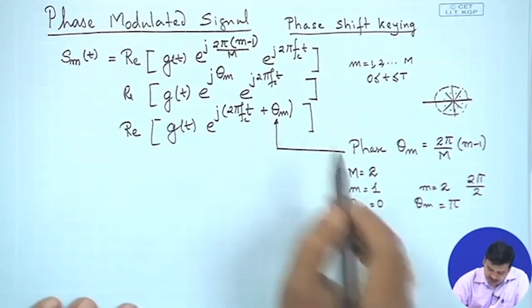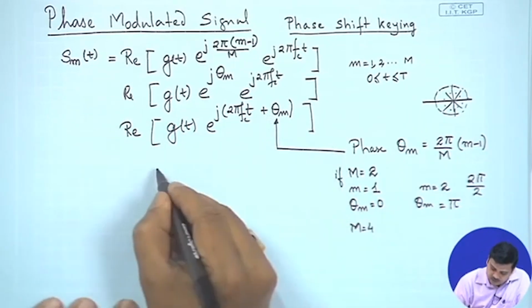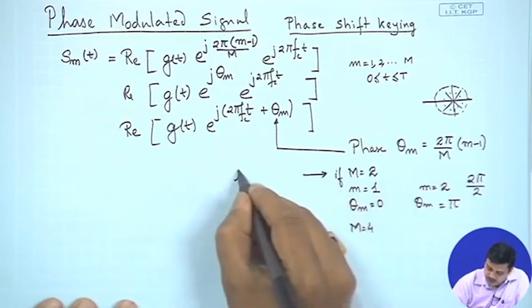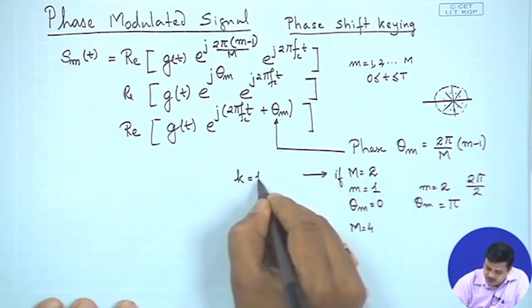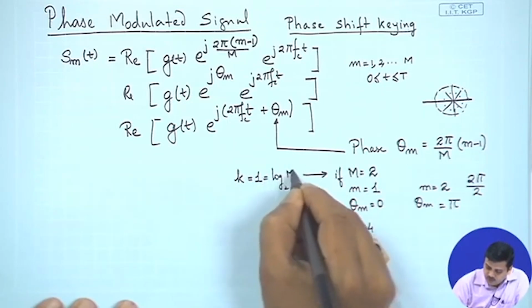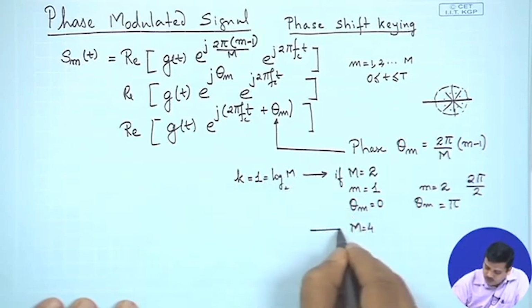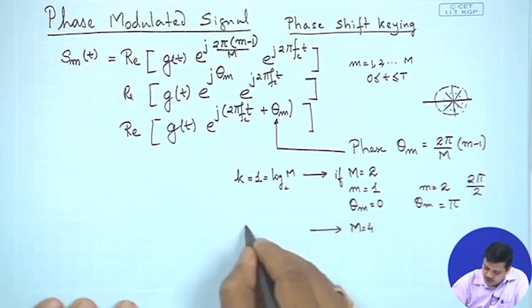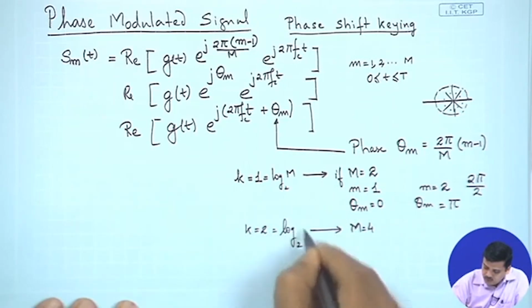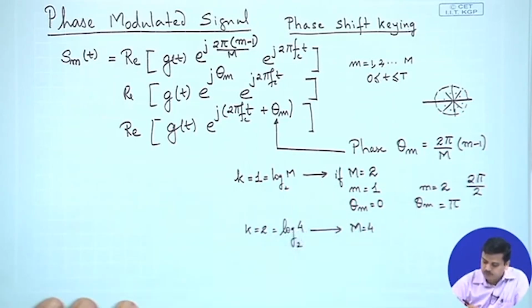So, as we did in case of pulse amplitude modulation, here in this example we have k, that is the number of bits to be selected, which is equal to log base 2 of M. So, for this case M equals 4, your k is equal to 2, which is log base 2 of 4, right.